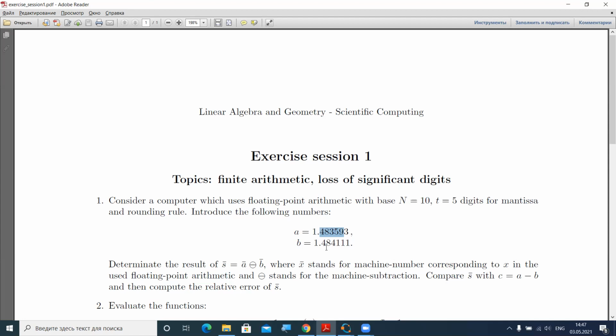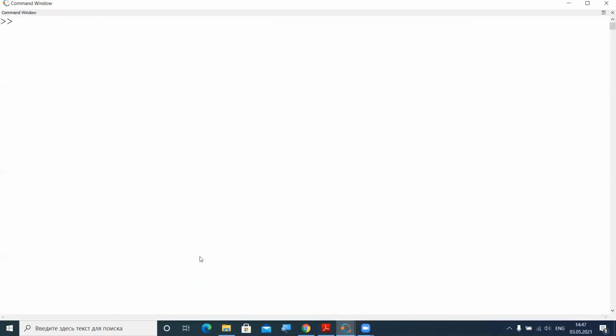Yes. And the second one is just 4, 8, 4, 1. So we have a 5-digit mantissa. We will consider this machine number and round, using the rounding rule. So here 4, 8, 4, 1 it will be now. So let's write these numbers.